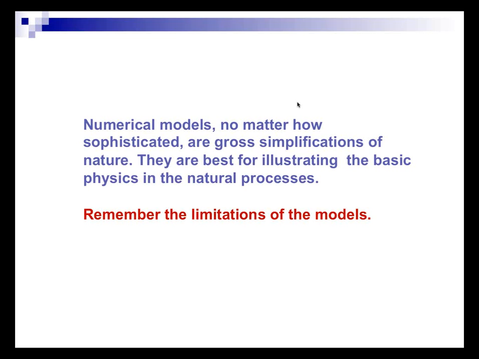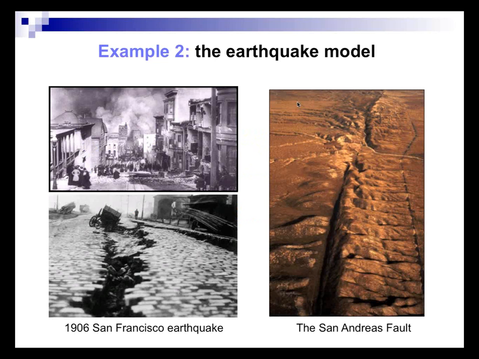So if you reproduce all the details of nature, I would say something is wrong. But on the other hand, we should also remember that while we have a supermodel that shows us some useful physics, that's great, but we have to remember that it also has limitations. And we're illustrating this point more with another example.